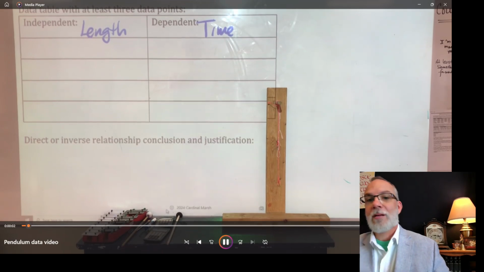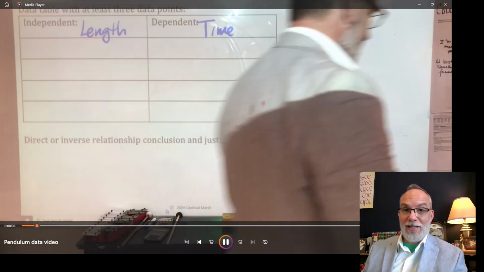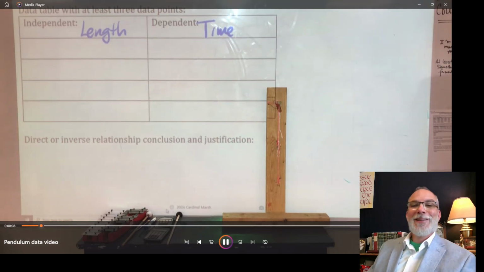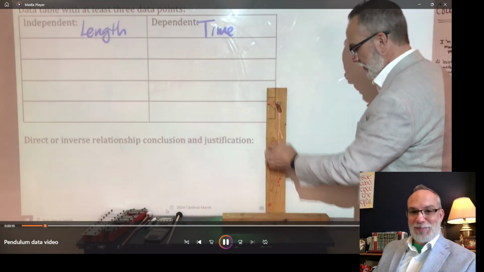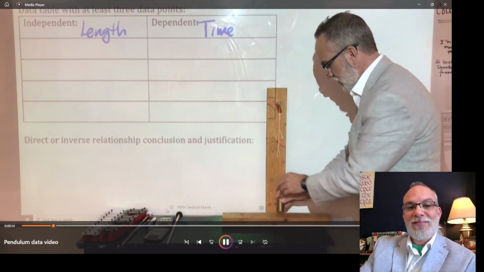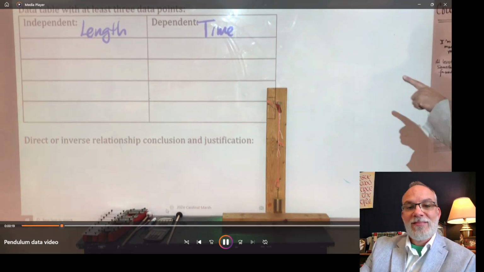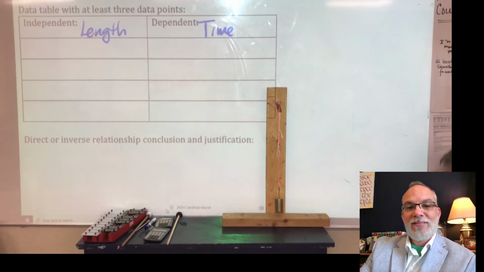Alrighty, let's take some data points. You get two of me in the field of view. It's got a pink string with two loops on it. I'm going to place the mass on that loop right there. I need to get the length and the time it takes for one complete swing.